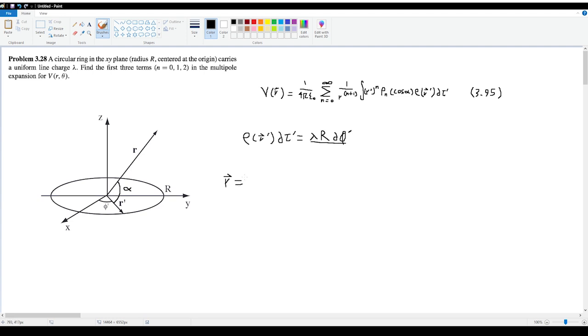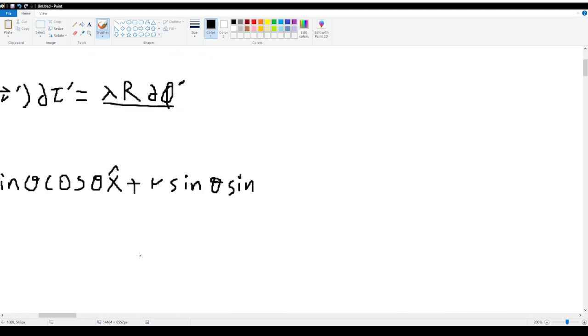So for r, this just points to some xyz, and we're in spherical, so you can recall the definition of x, y, and z in spherical, and we'll get this right here. Actually, let me zoom in. There we go.